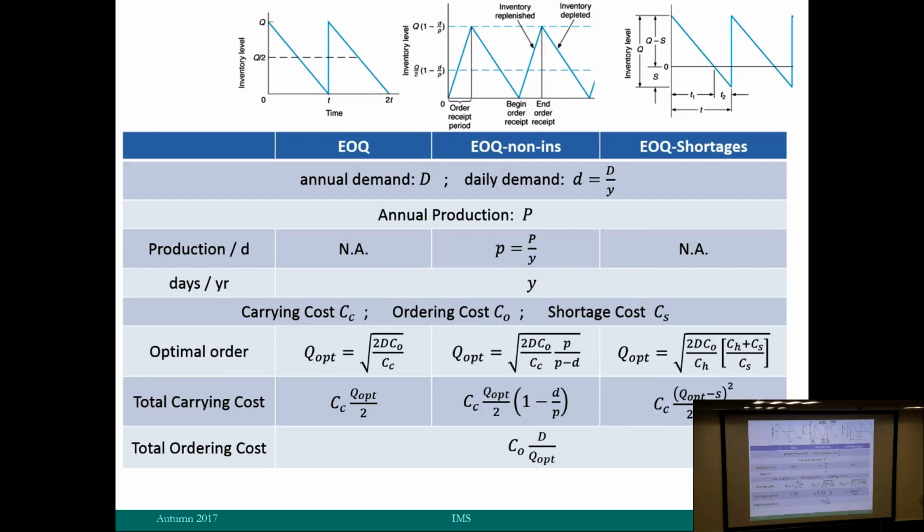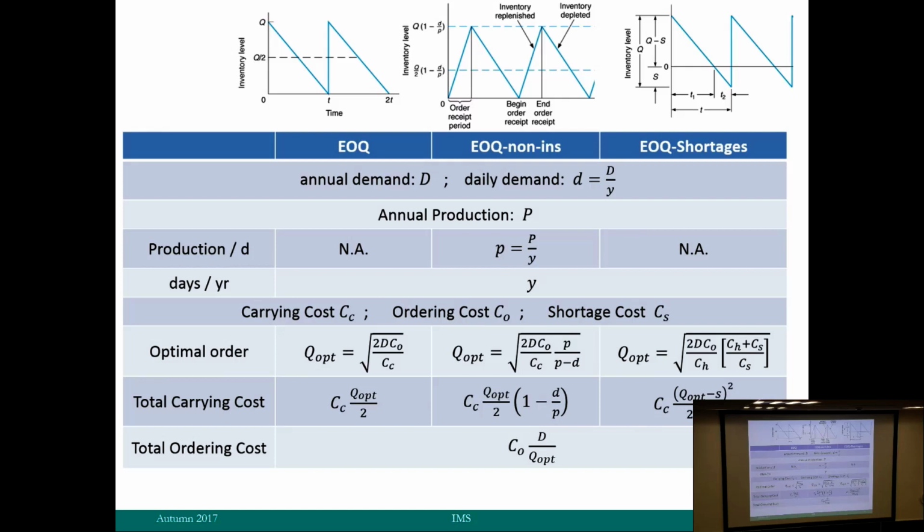For the optimal quantities for EOQ and EOQ with non-instantaneous receipt, those equations will be given, but you still need to understand what CO, CC, D, and the other symbols are. If you don't know what that is, that's going to be your problem.